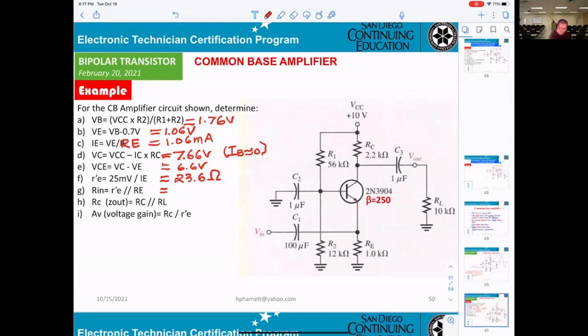Anyone get that answer? See, because if little r prime E is 23.6, and you put that in parallel with big RE, which is 1K, you always get your answer smaller than the smallest. So then it's got to be like that.